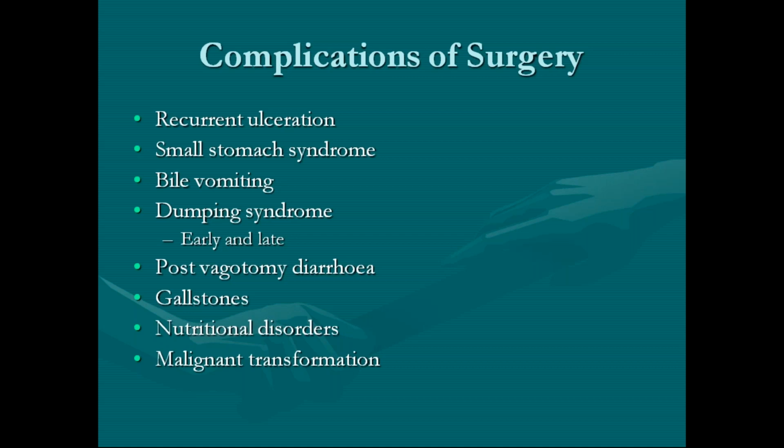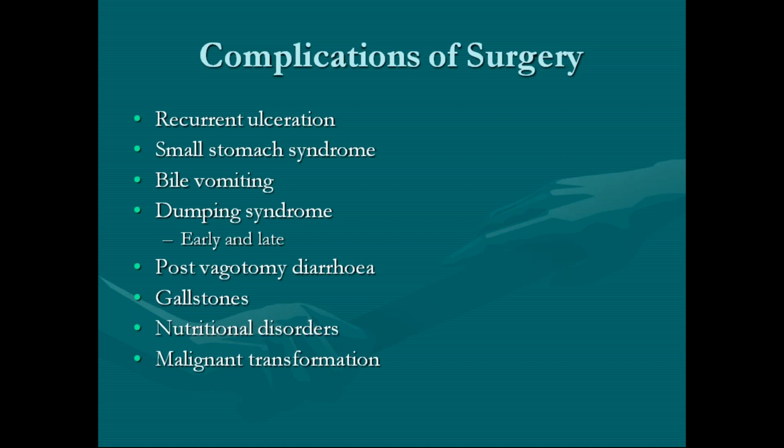Then coming to nutritional disturbances. What is the most common nutritional disturbance you will see following gastrectomy? Anemias. It can be iron deficiency anemia: one reason is reduced absorption of iron, and the other is bleeding from gastric ulcers or gastric mucosa.